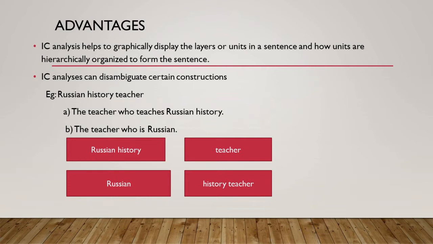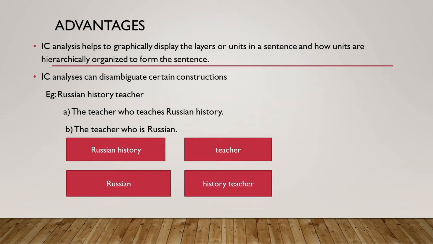For example, you can use box diagrams, or you can use tree diagrams, you can use topless boxes, you can use flower brackets in order to show how the same sentence can have two different meanings. So in this way, you can disambiguate certain constructions using IC analysis.